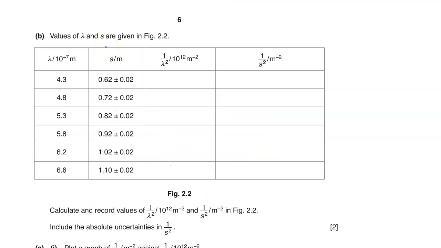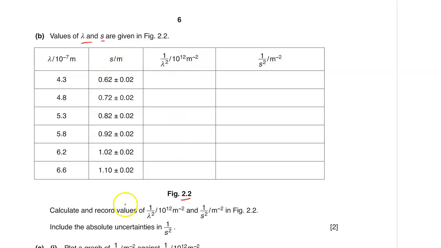Part D of question 2. Values of lambda and s are given in this Fig 2.2. You have lambda in times 10 raised to power minus 7, and s is in meters.